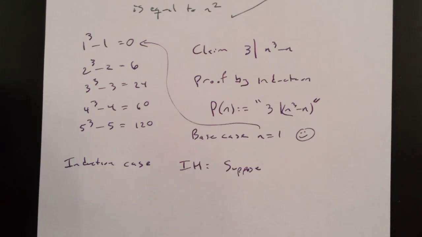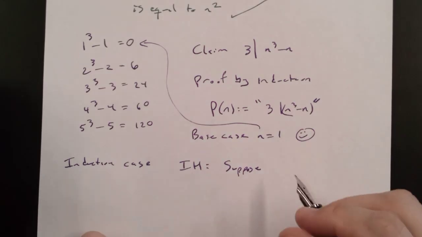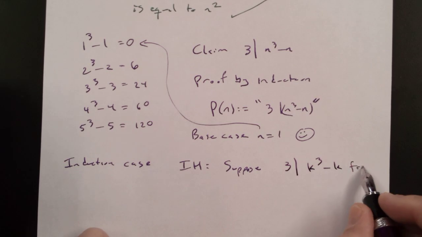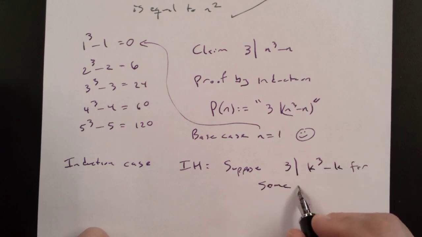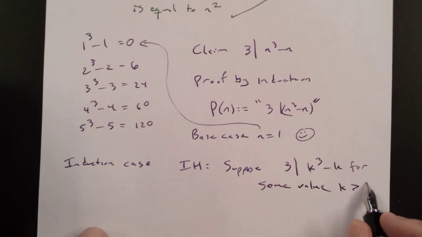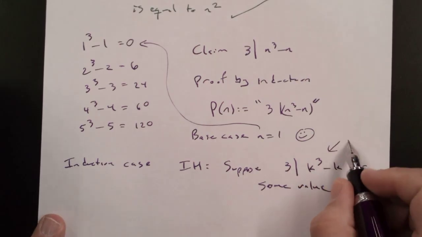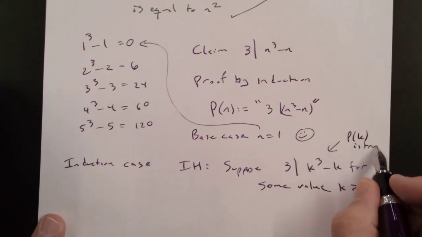I want to suppose it's true for some other particular value. That's why I switched from n to k in the other problem. You can use any letter you want, but since I've used n in the general statement up there, I don't want to use n again. For some value k bigger than 1, and again, this is P of k being true.